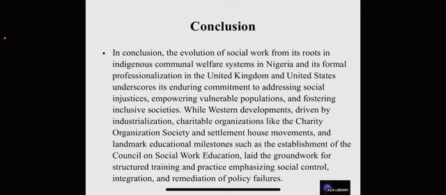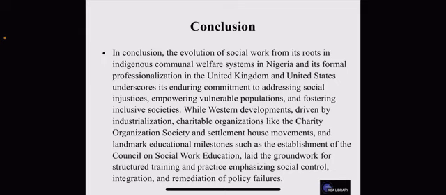Western developments driven by industrialization, charitable organizations like the Charity Organization Society and the Settlement House movement, and landmark education milestones such as the establishment of the Council on Social Work Education, have laid the groundwork for structured training and practice emphasizing social control, integration, and remediation of policy failures.